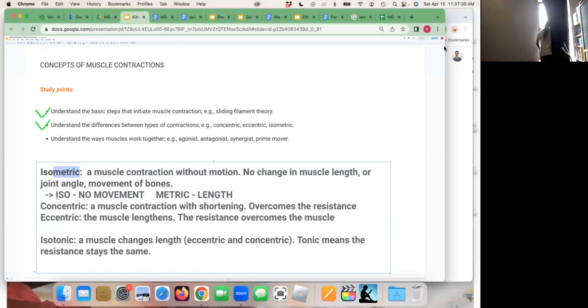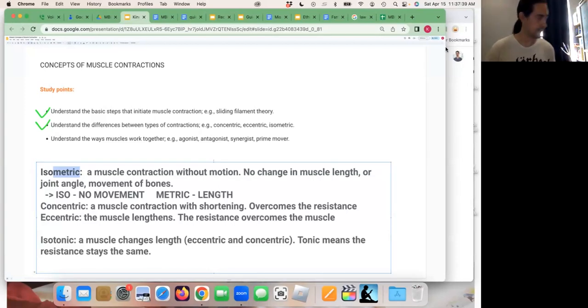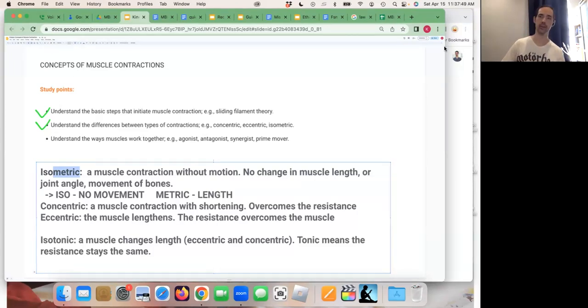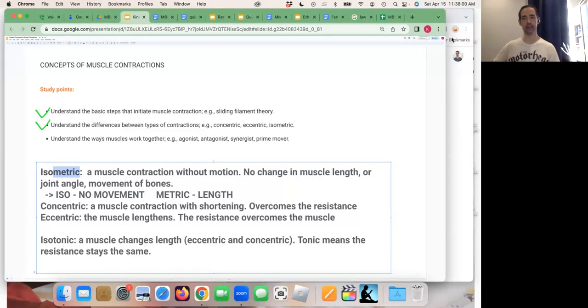However, it's also important to understand why isometrics are useful for us, and that is because if someone has an acute injury, one they've acquired in the last few weeks, you don't really want to go moving it.